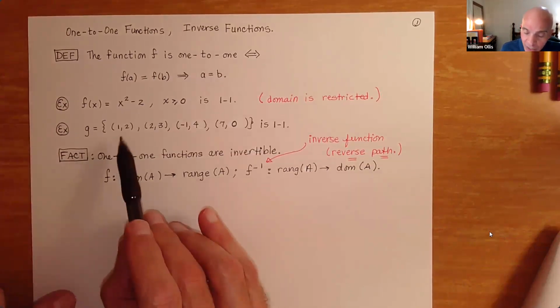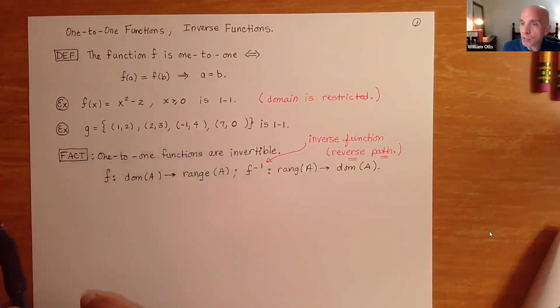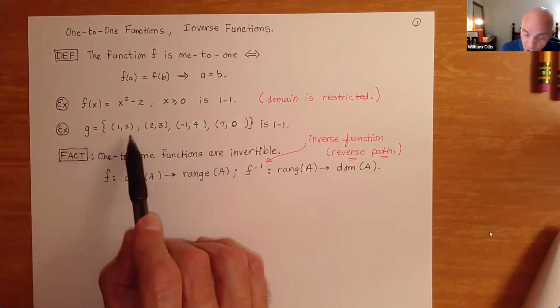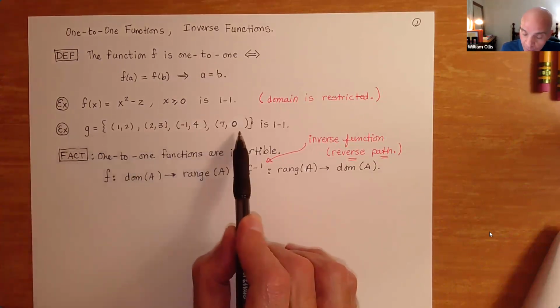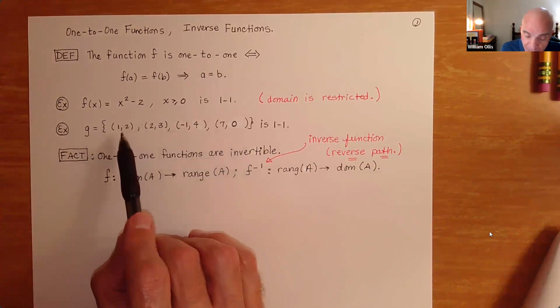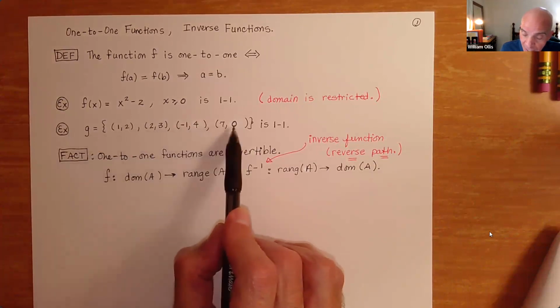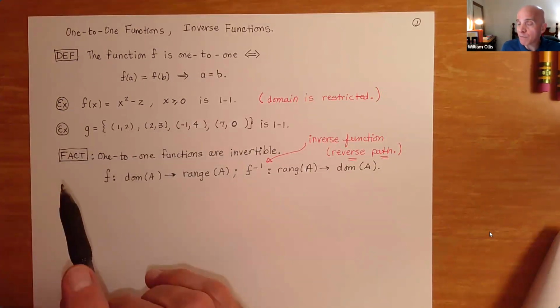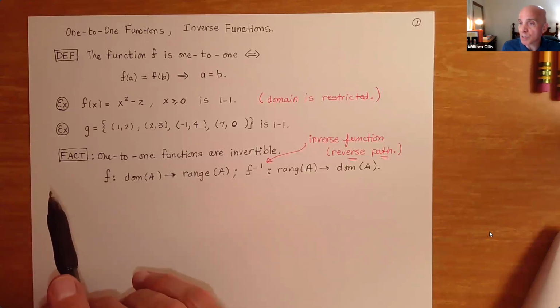So if we can determine that a function is one-to-one, then we can define a reverse path. Now, just as I've said before, function g is one-to-one. That is, there is no ordered pair that has the same range element. Of course, you know you could have a constant function where all the range elements are the same.